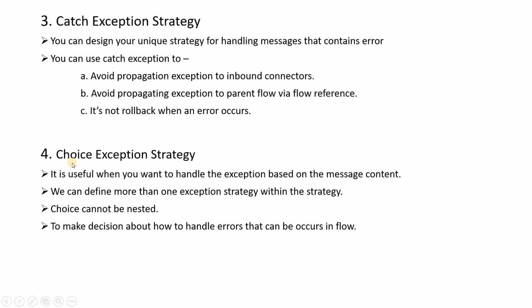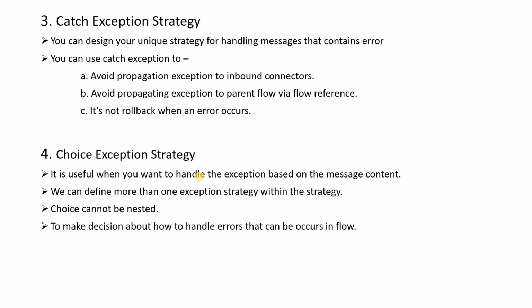Now coming to the fourth exception strategy, which is the choice exception strategy. When we go for the choice exception strategy, it is useful when you want to handle the exception based on the message content. We can define more than one exception strategy within this strategy.